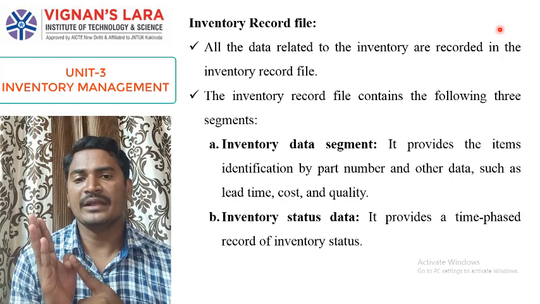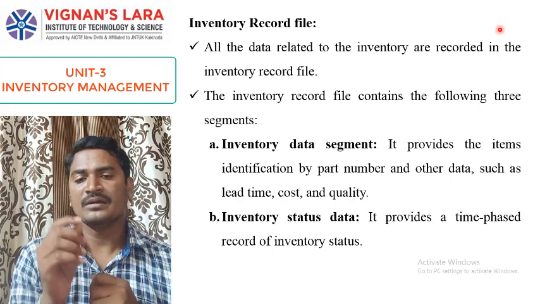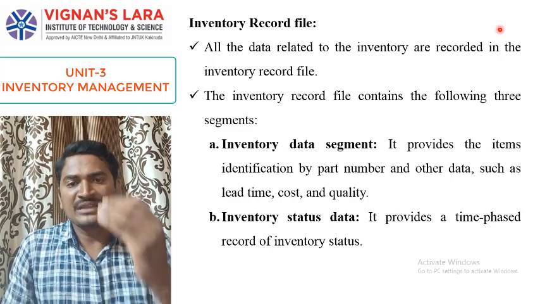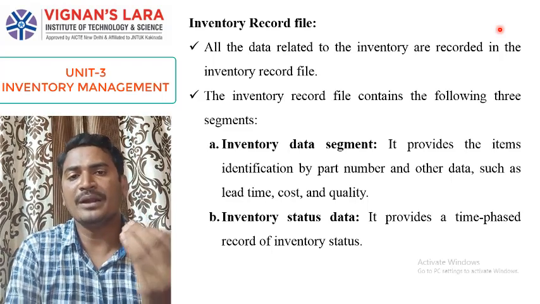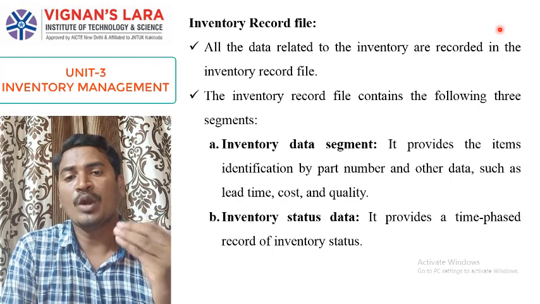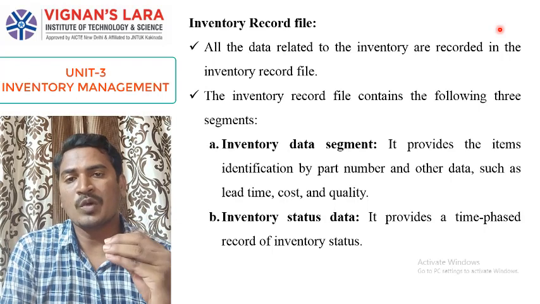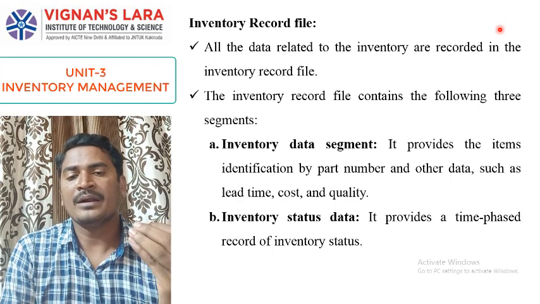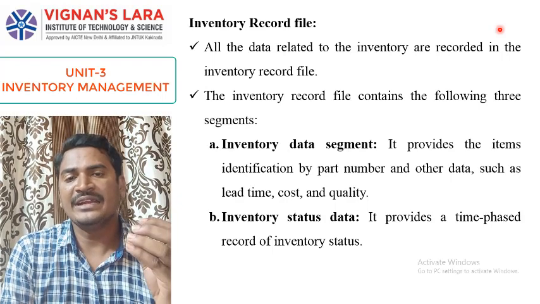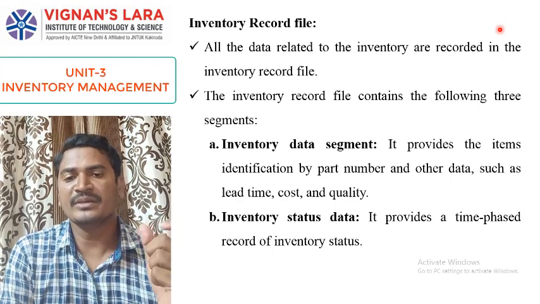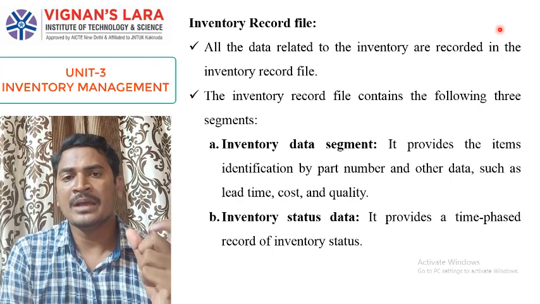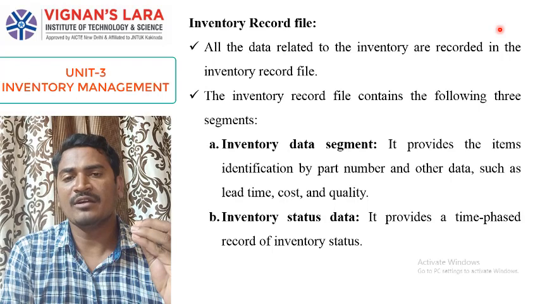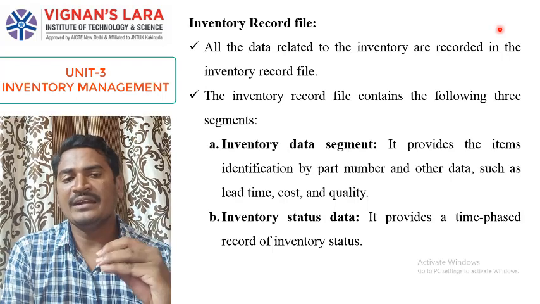Sometimes we take normal shapes, and sometimes complex shapes. Based on that shape also we give the part number. We also consider the quality of the item, and according to the quality we give the part number. Sometimes we consider the lead time, which means starting time and closing time. Based on that also we give the part numbers. Those are all the information we maintain as a record, which is called the inventory data segment.